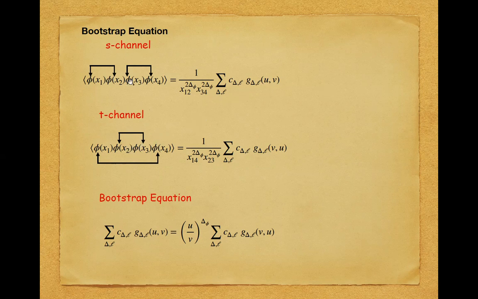But the fact is that if you study identical scalars, and you consider the bootstrap equation that you get out of the U channel OPE and relate it to the S channel or T channel, that doesn't give you any constraint other than that all the spins have to be even. So the only constraint you get out of that bootstrap equation is that only even spins can appear in the spectrum of this theory for these 4-point correlators.